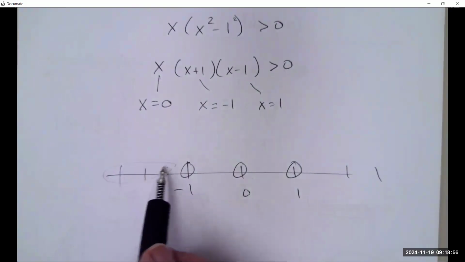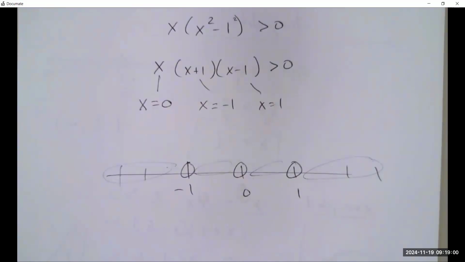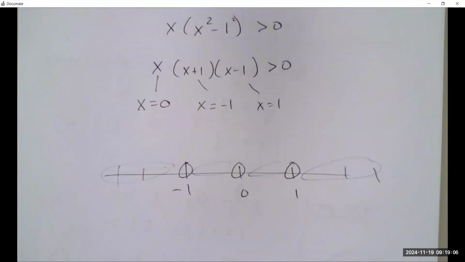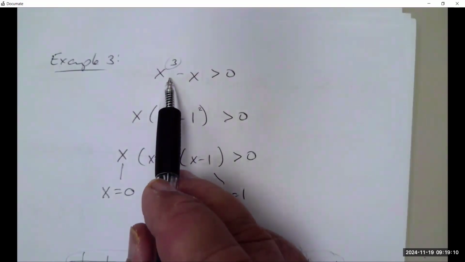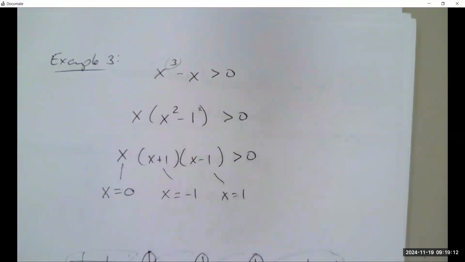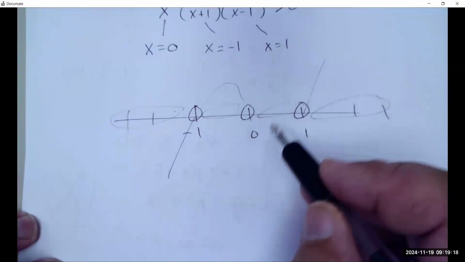So now we look at these domains here. If we were to graph them, what would the graph look like? It's a cubic function. That means the end behavior is what? Opposite directions. Is it increasing or decreasing? So this side goes down. So it would look something like this.